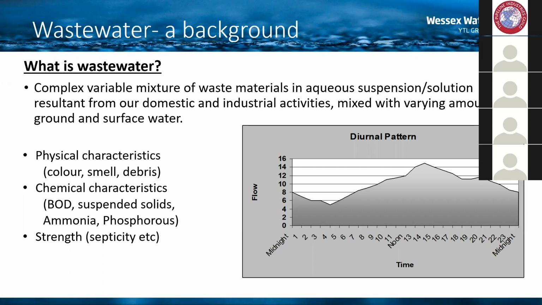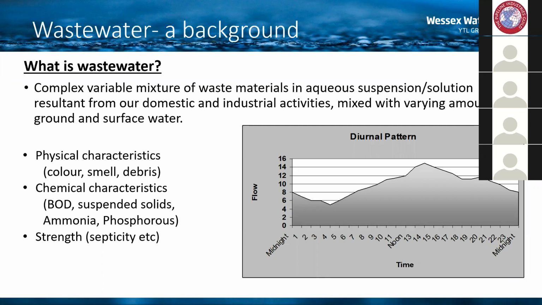That's usually measured in milligrams per litre, and it's how much oxygen would be used by that 1 litre of sewage if it were to be discharged, say, into the watercourse. The lower the BOD, the better, because it means it's using less oxygen and there's more oxygen available in the watercourse for the wildlife. The other ones that we monitor routinely are suspended solids, ammonia and phosphorus.